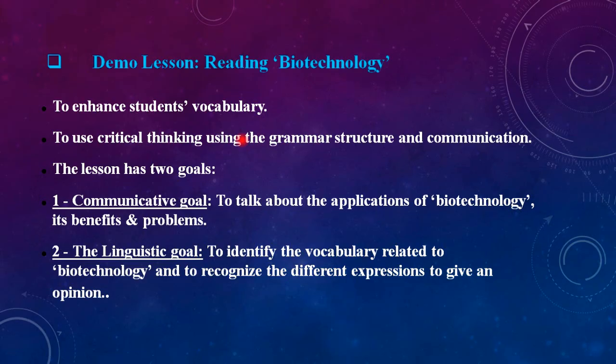Then they're moving slightly to the second goal, which is linguistic, and they're trying to identify the vocabulary related to biotechnology and recognize the different expressions to give an opinion, or things that are linguistic based, right?